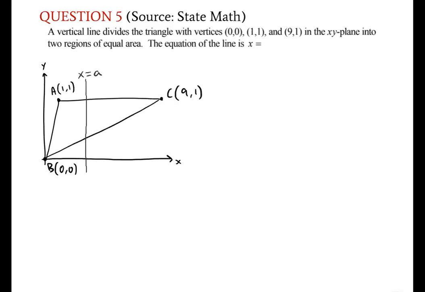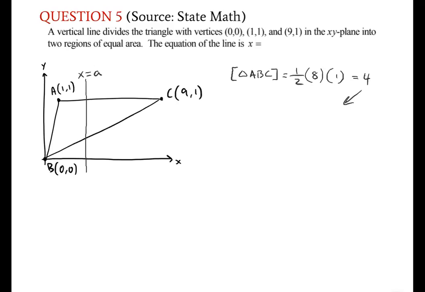So first of all, we know that the area of the triangle ABC is equal to 1/2 times base. The base is just AC, that's 8, times the height, and the height is 1. So that will give us an area of 4.